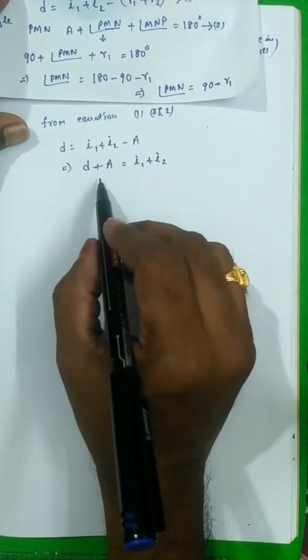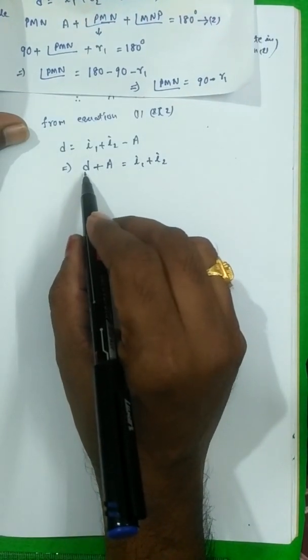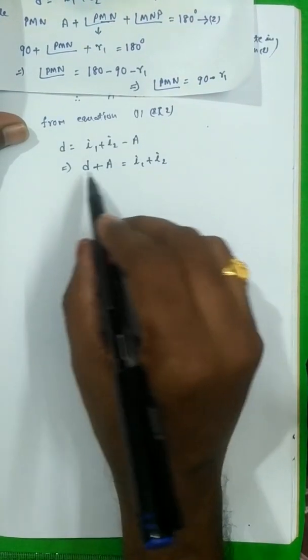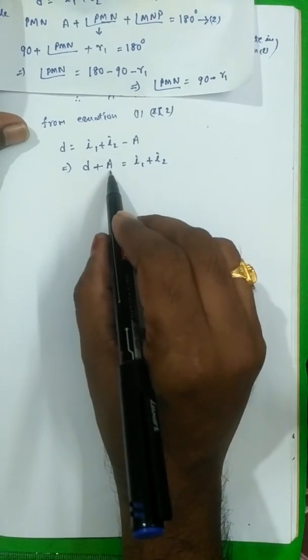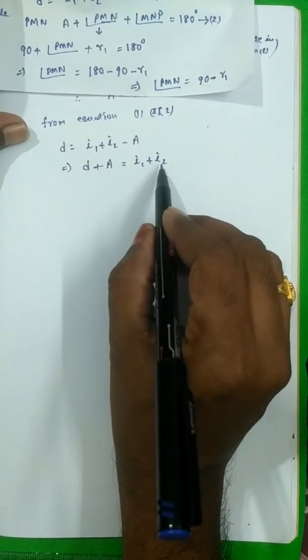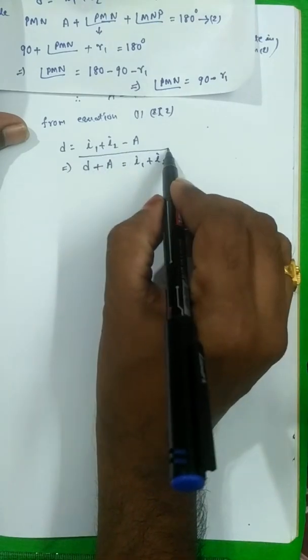This is the relation between the angle of deviation, the angle of the prism, the angle of incidence, and the angle of emergence.